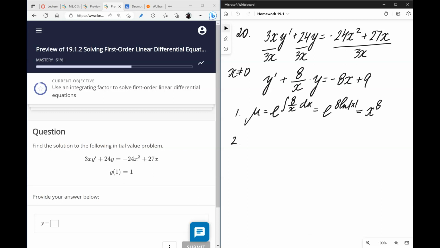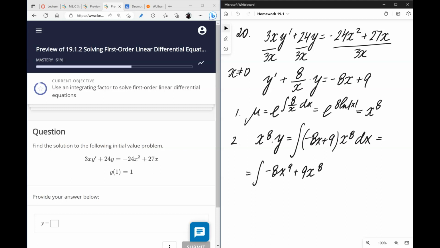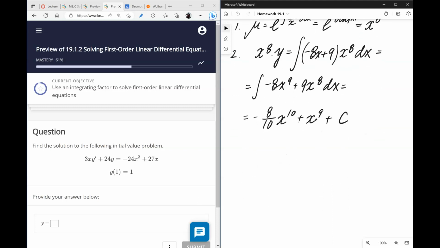Now, on the left hand side, we have integrating factor times y, and on the right side, we have an integral of the right hand side times the integrating factor. Just speeding up the process here. So we get negative 8 over 10 x to the power 10 plus x to the power 9 plus c.